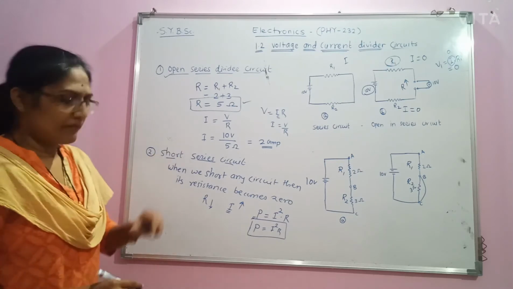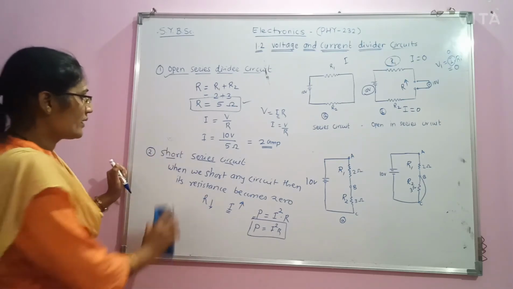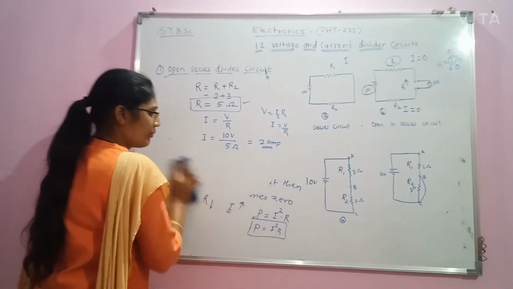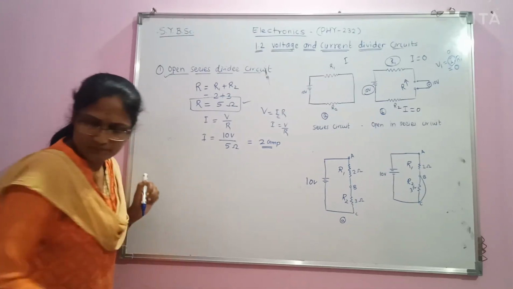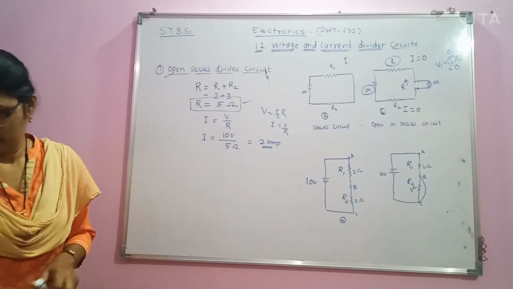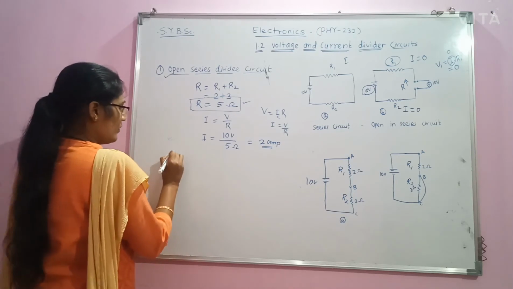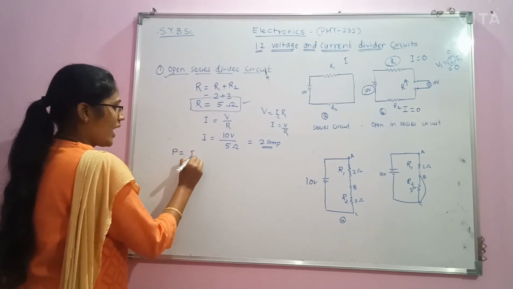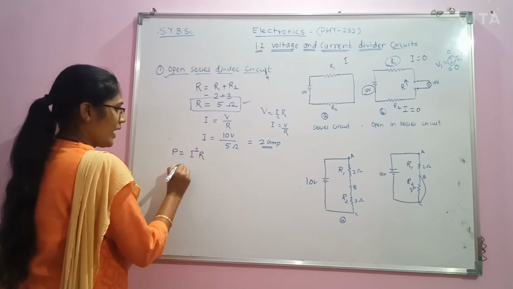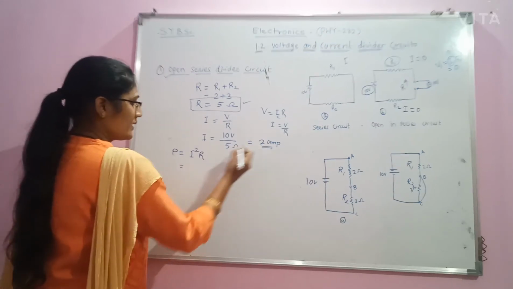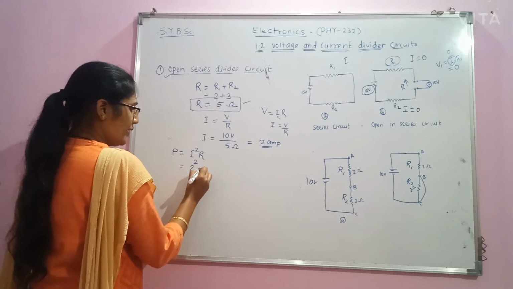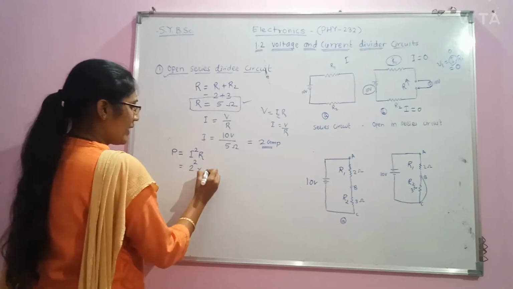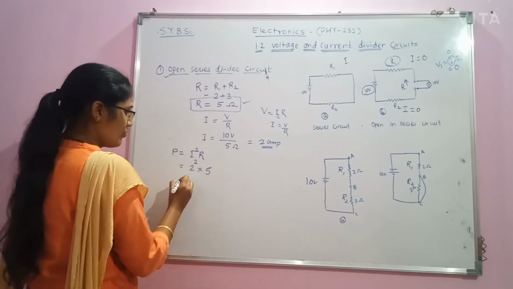Now, the value of I is 2 ampere. And what will be the value of power? We have seen the formula of power. Power is nothing but I square into R. I is 2, so 2 square into R. The value of R, the total resistance, is 5.